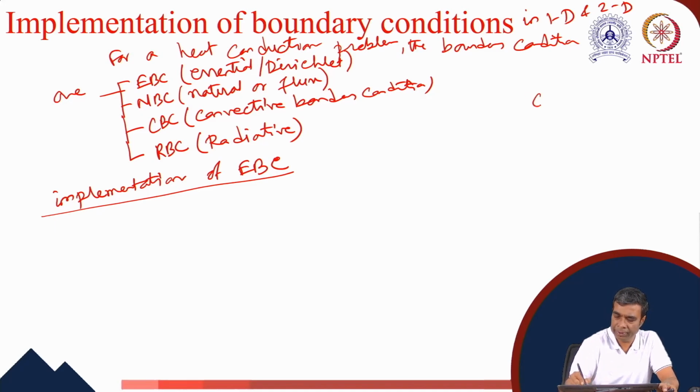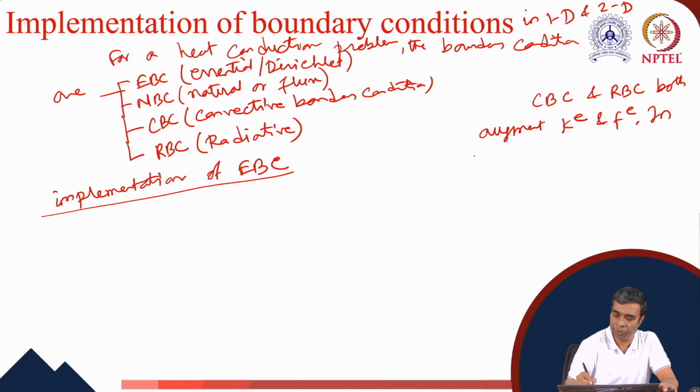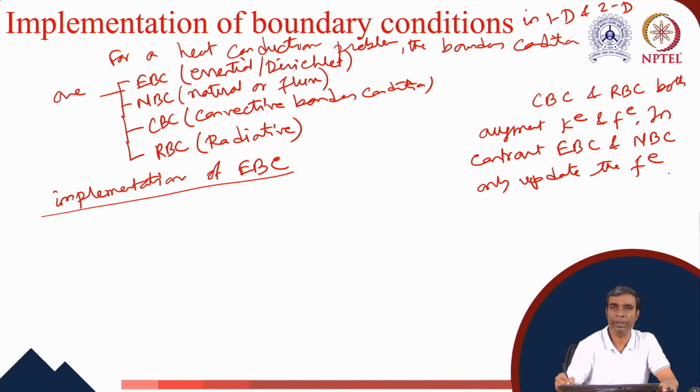So CBC and RBC both augment KE and FE. In contrast, EBC and NBC only update the FE. So this is a contrasting feature with respect to the EBC NBC set and the CBC RBC set.